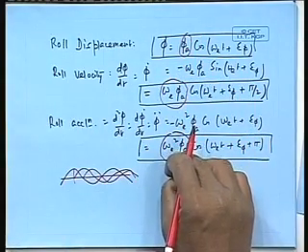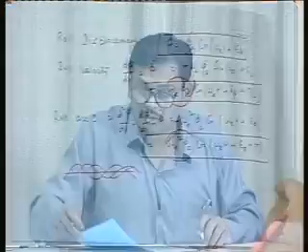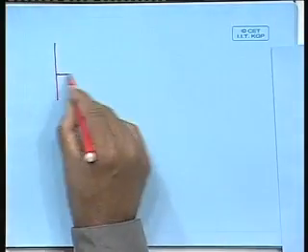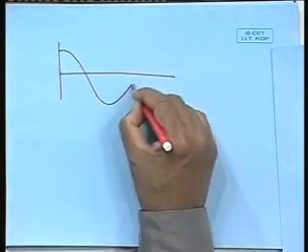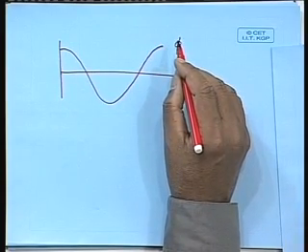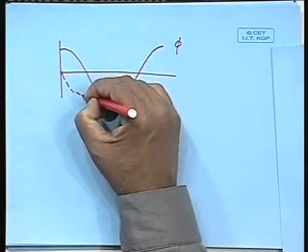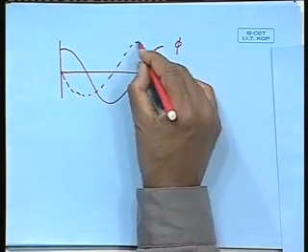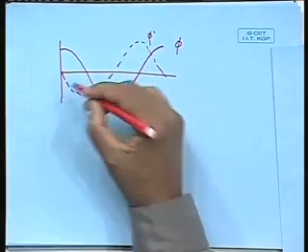Why do I say that this is important? In fact, I will show you this graph here. So I have here phi going. This is phi. Then I will have here phi dot, and then I will have here phi double dot.